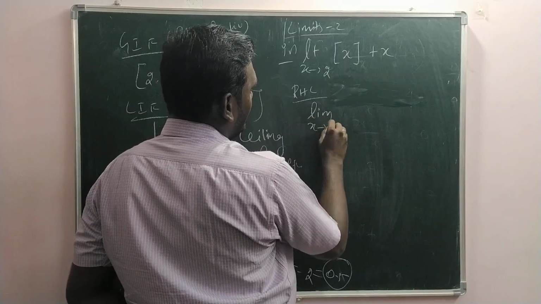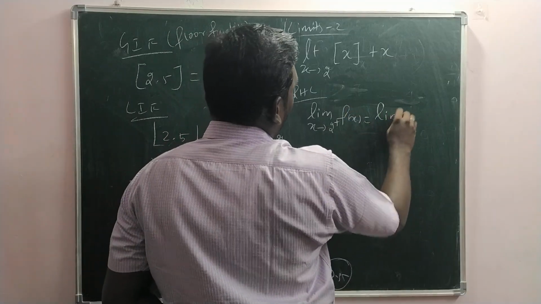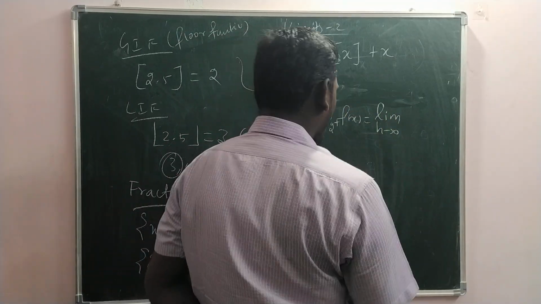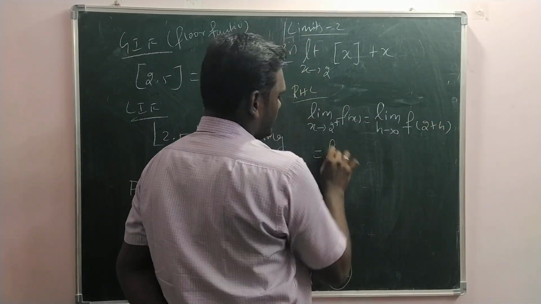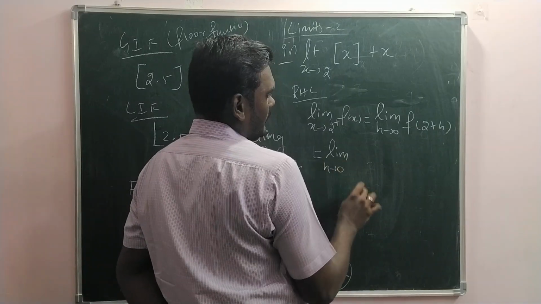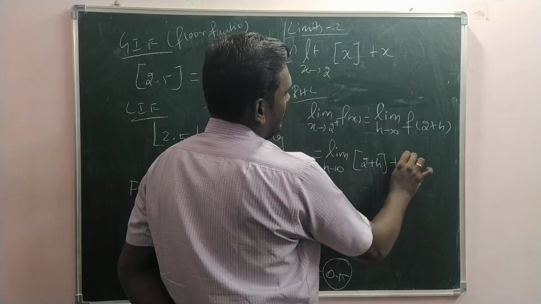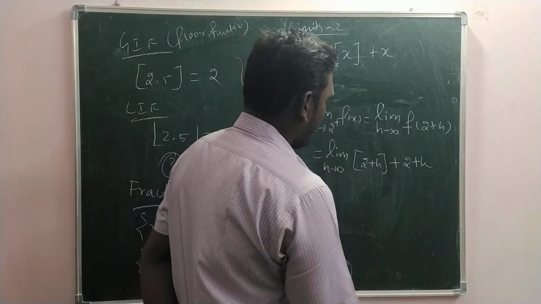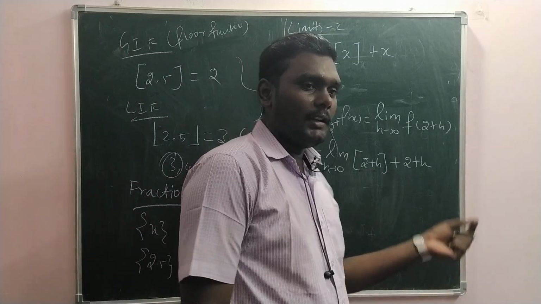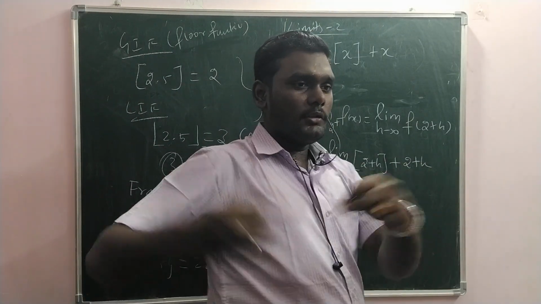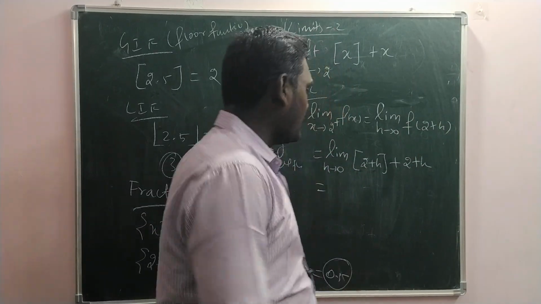Limit x tends to 2 plus f of x is equal to limit h tends to 0 f of 2 plus h. That means limit h tends to 0 step of 2 plus h plus 2 plus h. Okay. Now you say 2 plus something, that means h is what? 0.000000001 like we said, right? Whatever it is, what answer will we get for this?